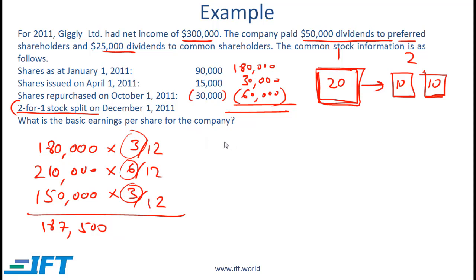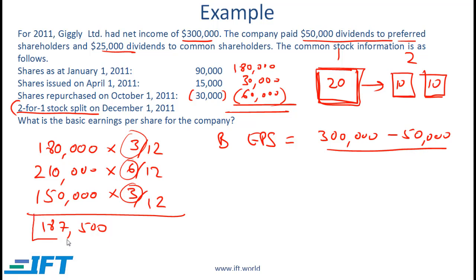And then going back to our formula, the basic EPS is equal to the net income of 300,000 minus the preferred dividend of 50,000 divided by the weighted average number of shares outstanding, which is 187,500.